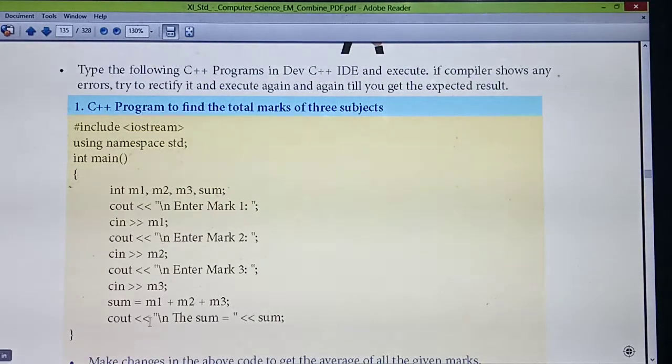So inside the cout, for output, which statement do you need to write? cout, the sum. \n means it will automatically come to the next line. So the sum equal to. Now the answer is given in which variable? Sum. Then semicolon. Understand the program? This is a very, very simple, basic program for entering marks for 3 subjects and finding the total. Understand?